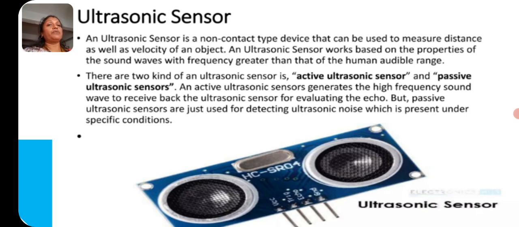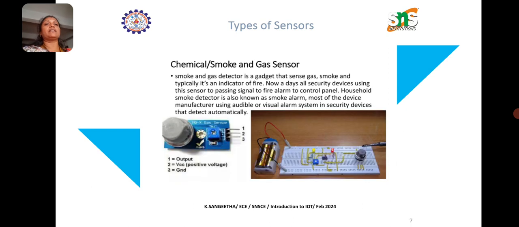An active ultrasonic sensor generates a high frequency sound wave and receives it back for evaluating the echo. But the passive ultrasonic sensors are just used for detecting ultrasonic noise which is present under specific conditions.